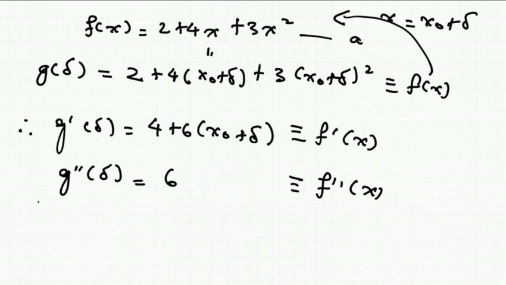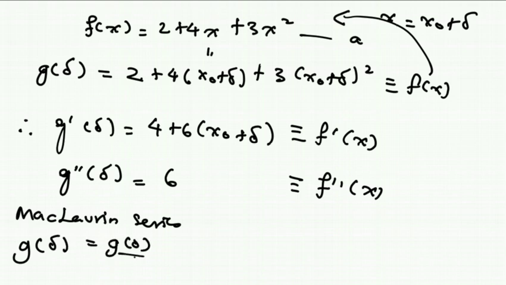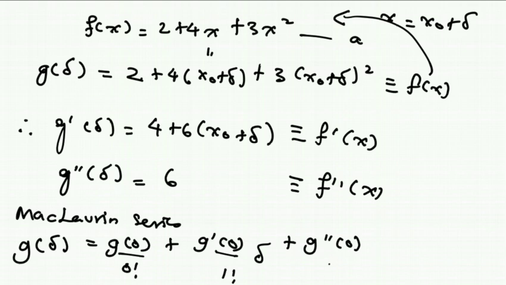So if we use this for the Maclaurin series case, in the Maclaurin series, with all of this, g prime, g double prime, we can have something like this: g(delta) equals g(0) over 0 factorial, plus g prime(0) over 1 factorial times delta, plus g double prime(0) over 2 factorial times delta squared.